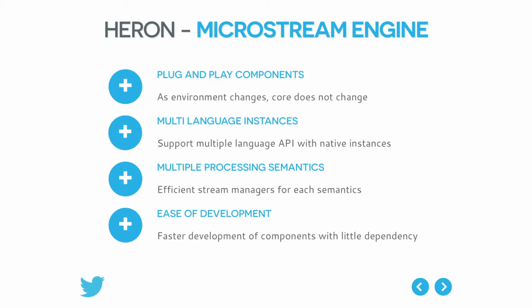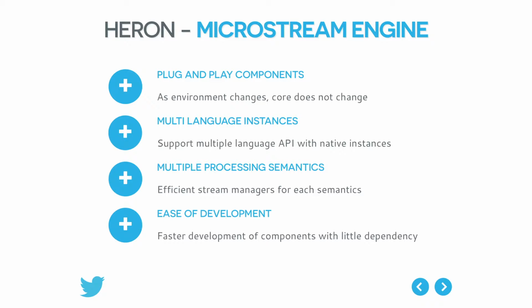Also, multi-language instances are possible, because today some of the multi-language APIs don't run in native language instances. Instead, here you can write your own instance. For example, today the supported API is the Java API, which means we have Java instances.